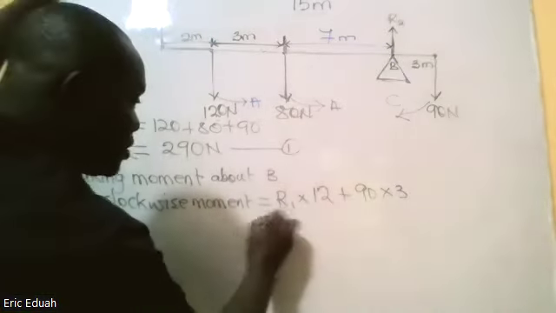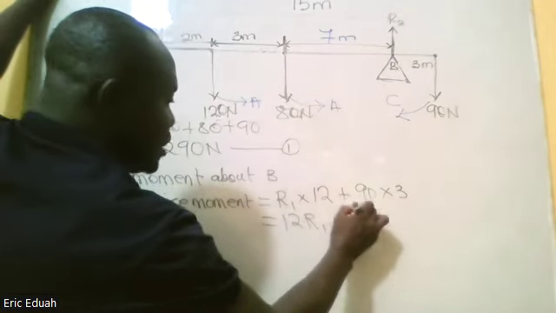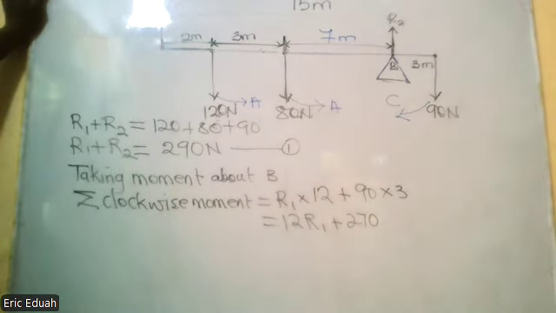So we have 12 R1 plus 270 for the sum of clockwise moments.